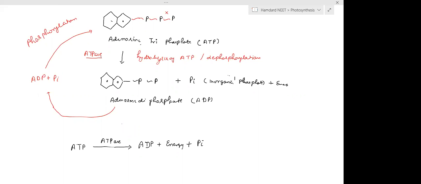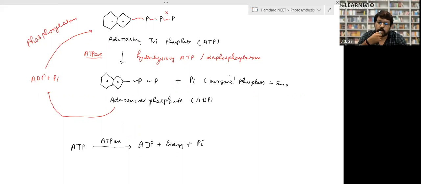Okay. So this was all about the ATP. One more important thing which I want to share with you. Let me show you a diagram of ATP, and I want you to note it down, please. Give me 1 minute.